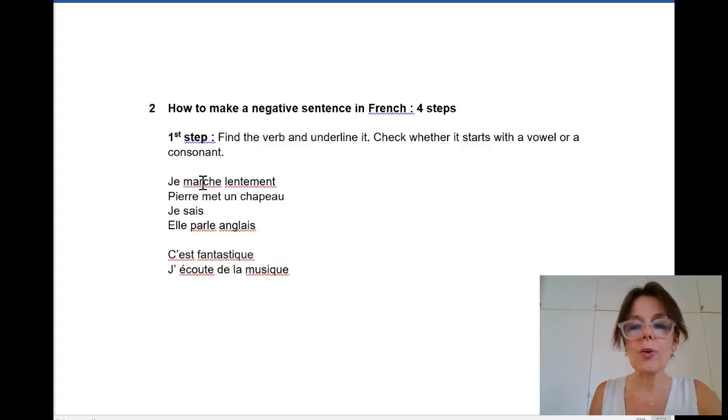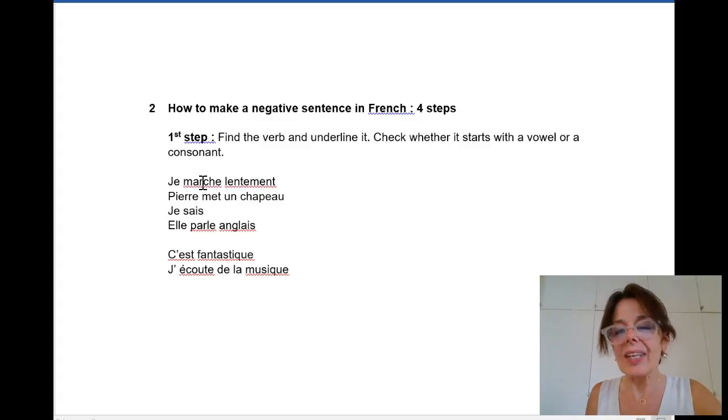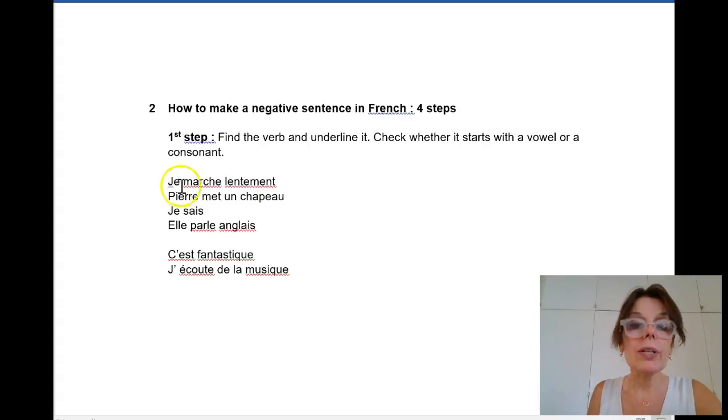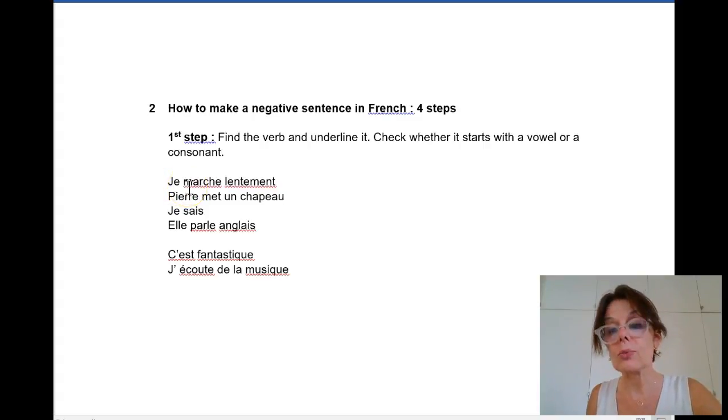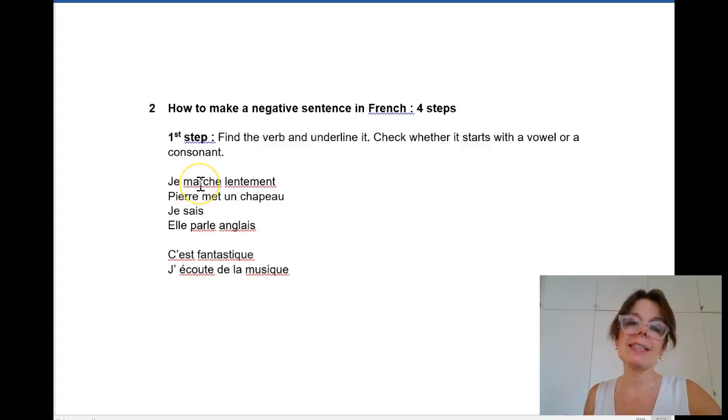So have or is are also verbs, not really an action. When you look at a sentence and you really don't know where your verb is, you can bet it's the second word. Usually the second word of a simple sentence is a verb.